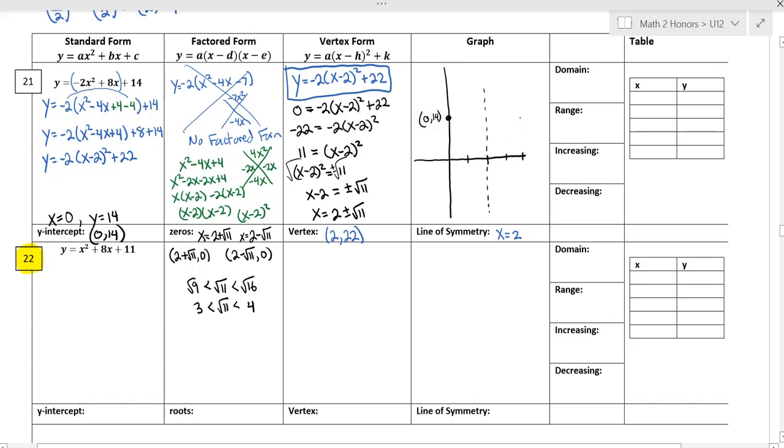And so we're going to have a matching point on the other side at 4, 14 using symmetry. The x-intercept is 2 plus the square root of 11.